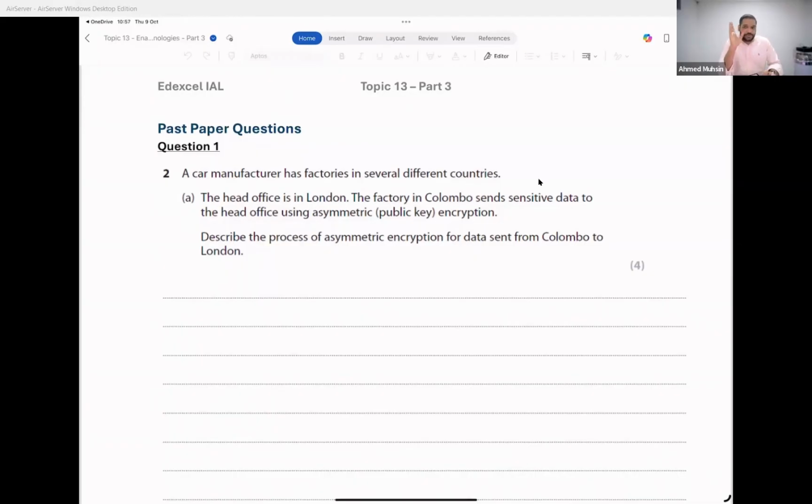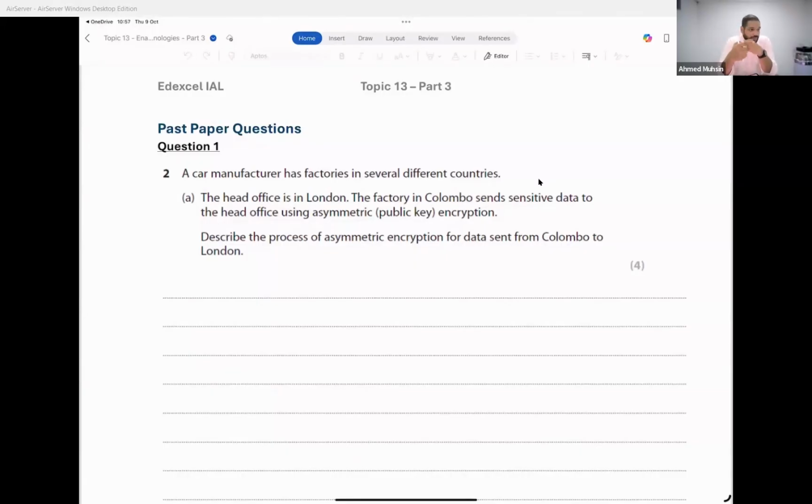Who is messaging who? The Colombo server is messaging the London server. So who gives what? London gives its public key to the Colombo server.